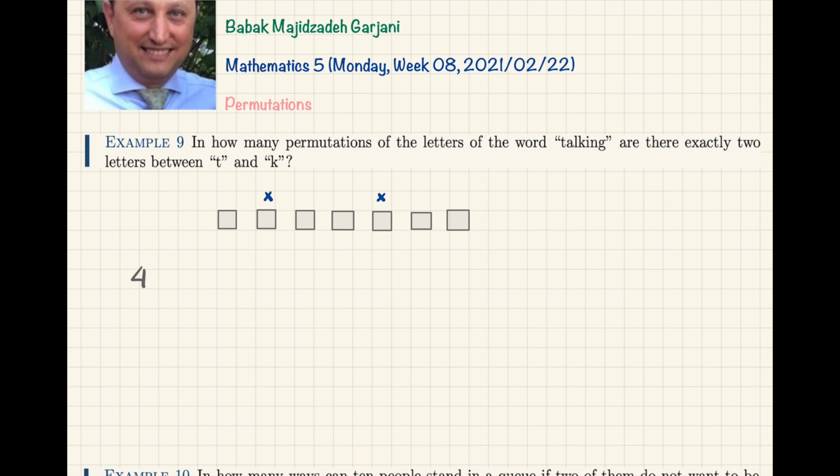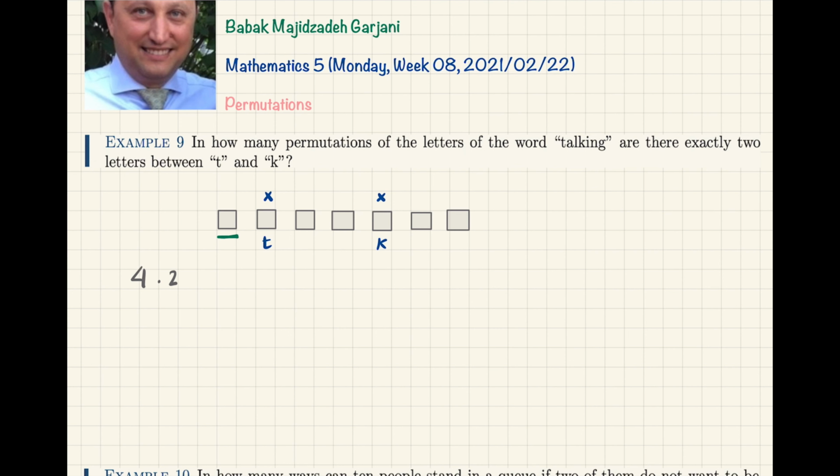So I multiply by an extra 2 because I have 2 options for how to put T and K in the chosen positions. Okay? Now assume that this is done in one way. For example, you put T here and you put K there. And what is left for you now?